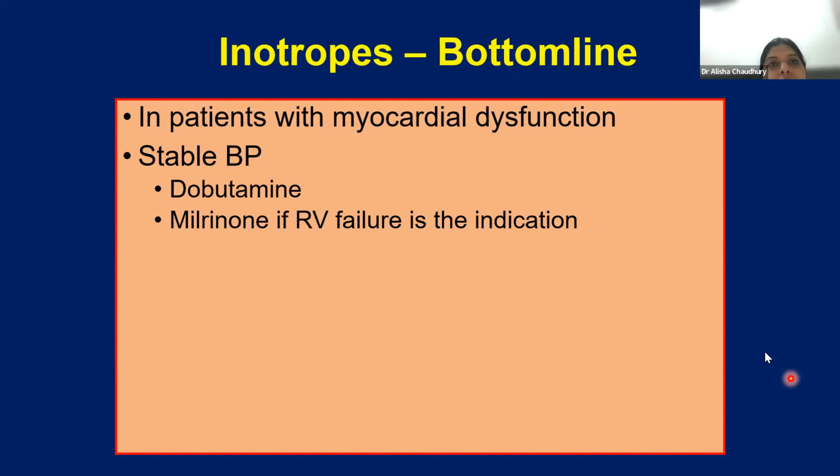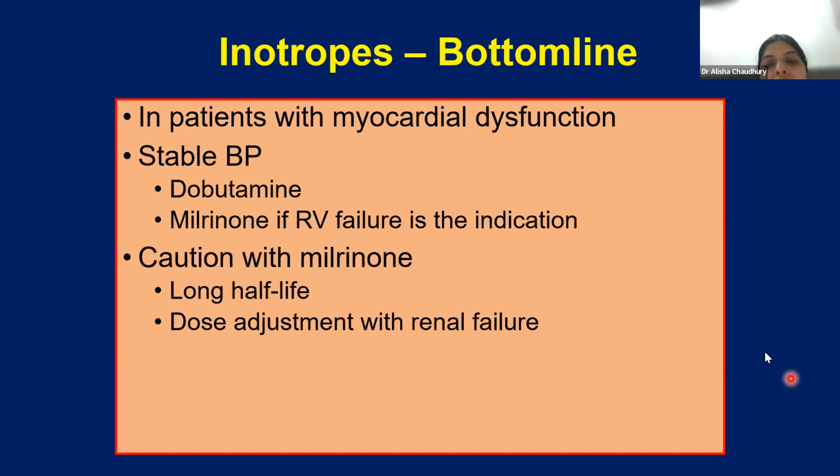So only if you have a stable blood pressure do you add dobutamine. Milrinone would be very good if you have an associated RV failure also. That way, milrinone would be a better drug. Otherwise, in case of renal failure and because of its prolonged hypotension, sometimes it is not advocated. The caution with milrinone, as I mentioned, is its long half-life and the need for dose adjustment in renal failure.